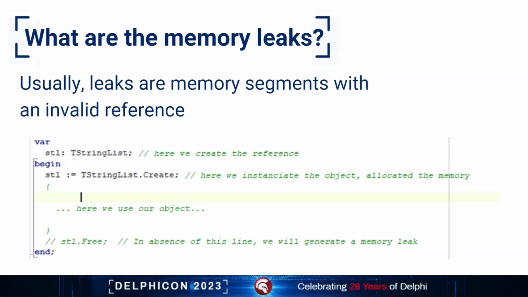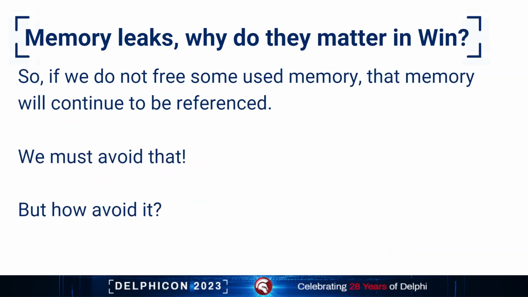Because I am not freeing this object. Of course, your systems do not look like this simple method here, but it's just the first step to understand what we are talking about. If we do not free some used memory, that memory will continue being referenced.